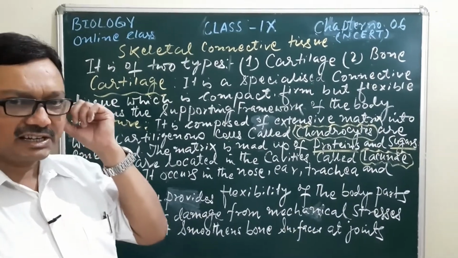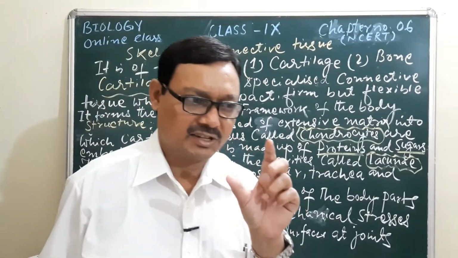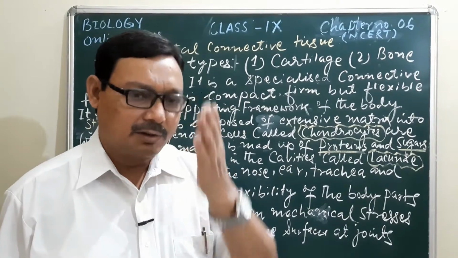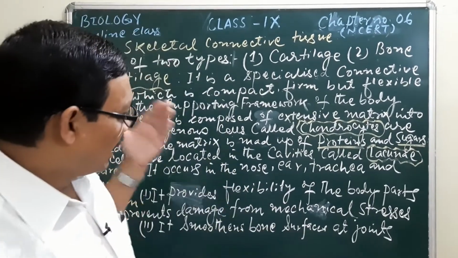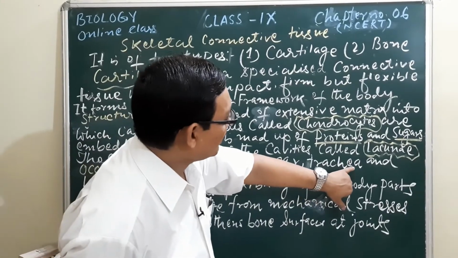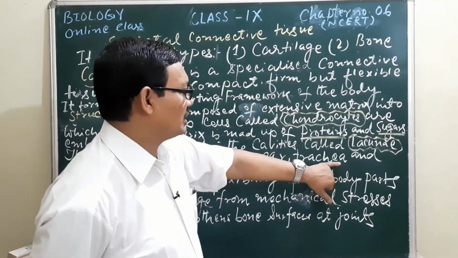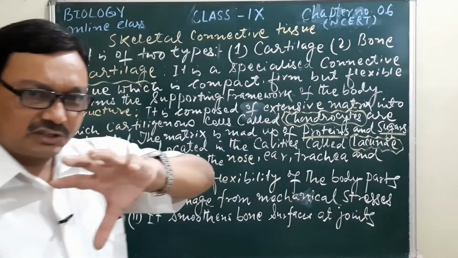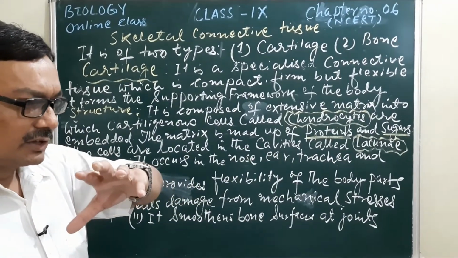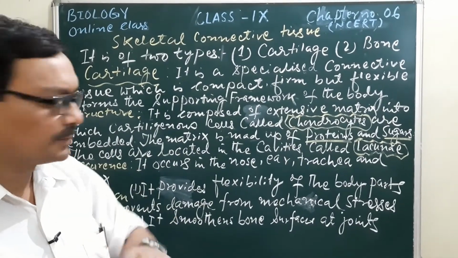Just like that, the ear is also made up of it, and the trachea, that is the respiratory tract in our body or in the body of other animals, where due to the presence of cartilaginous tissue, the respiratory tube does not collapse.